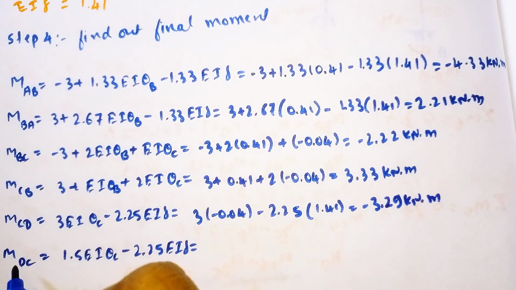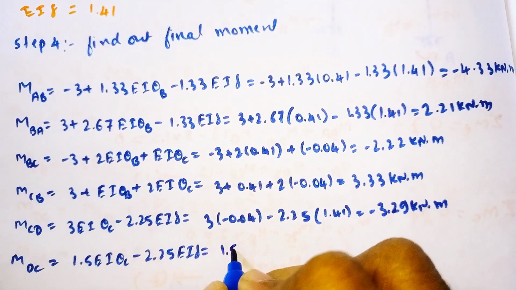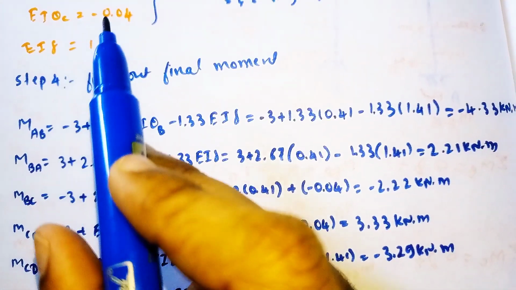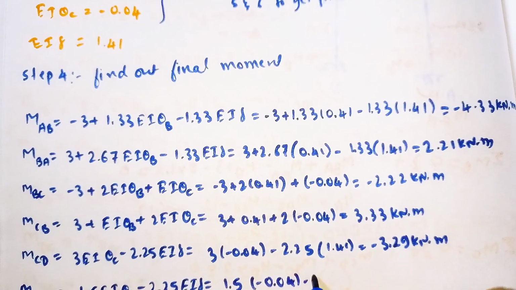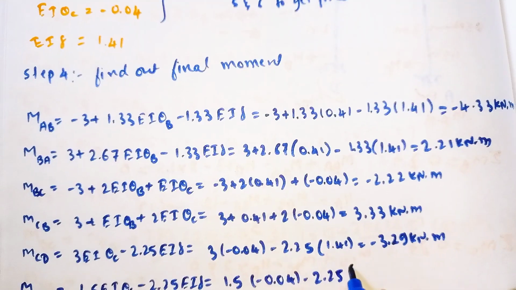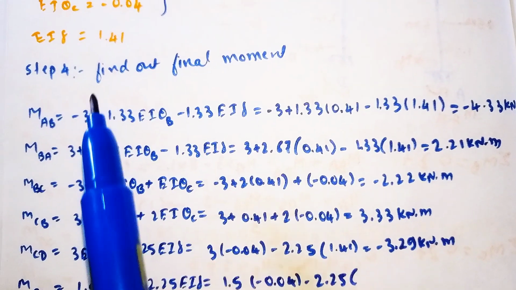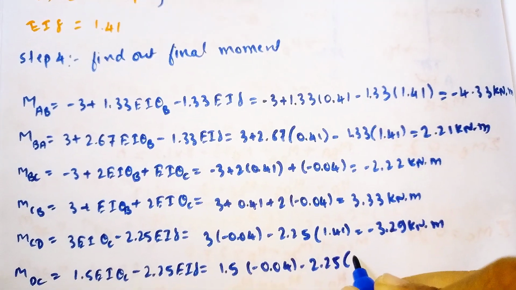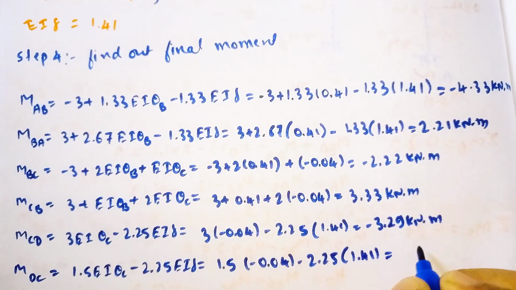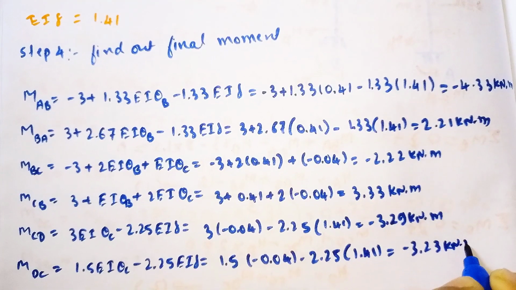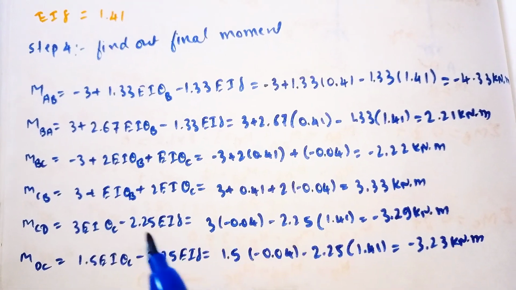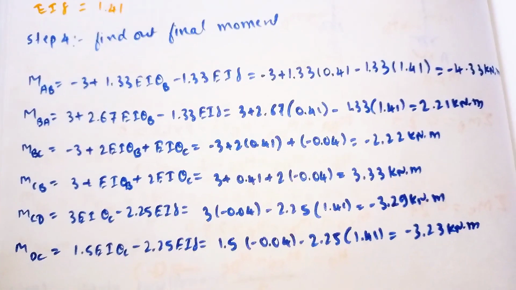Now MDC is equal to 1.5 EI theta C, the value is minus 0.04, minus 2.25 EI delta, the value we got was 1.41. By simplifying it will come out as minus 3.23 kilonewton meter. So these are the final moment values we got.